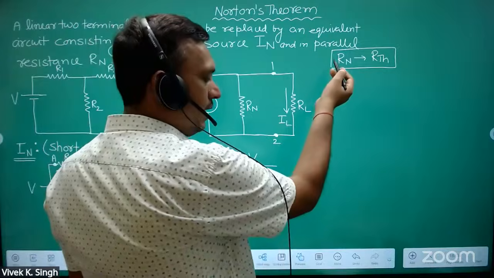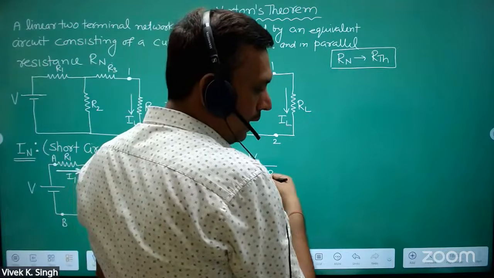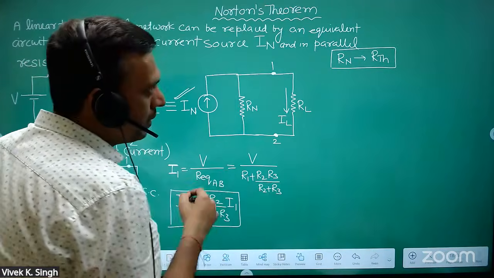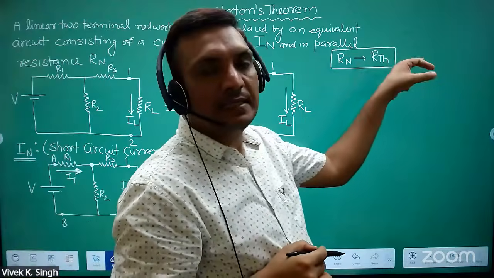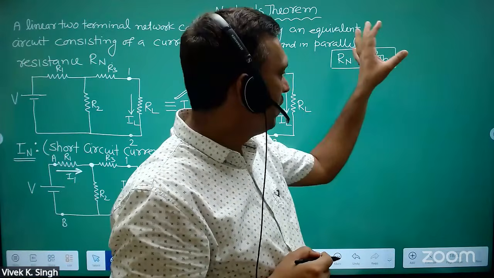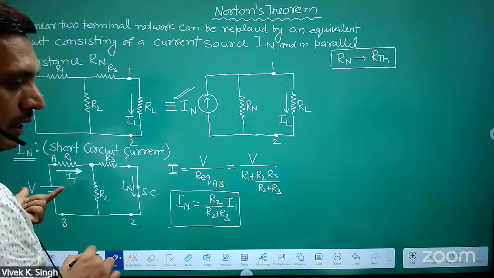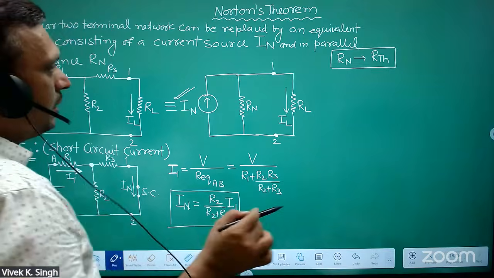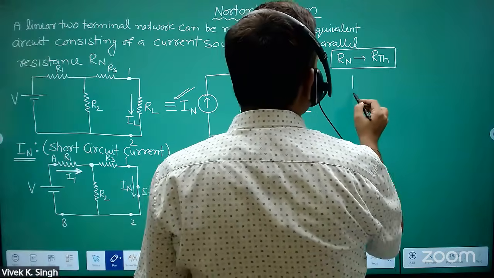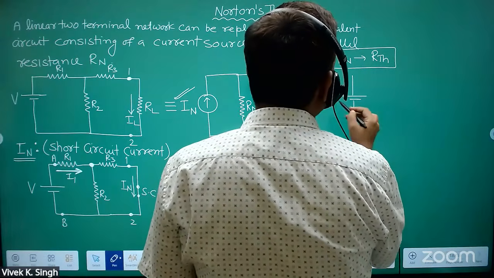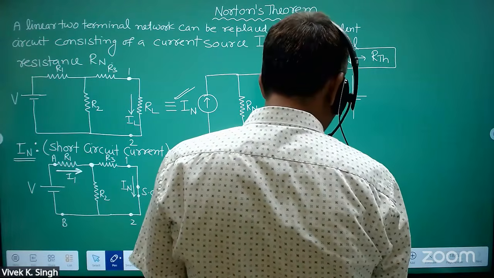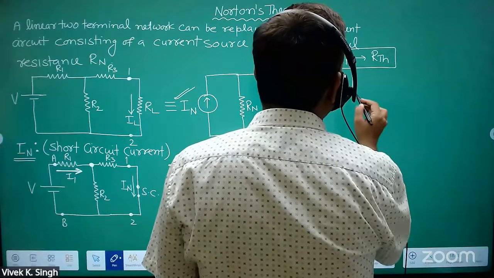So same thing you can write for RN also. Because RN is exactly same as RTH, I am not drawing the circuit again for RN. Let's remove it. It will be short circuited.